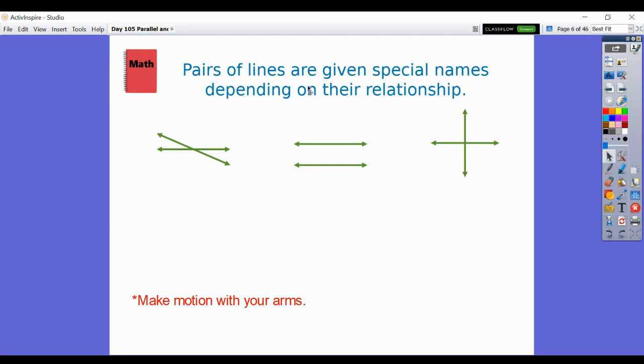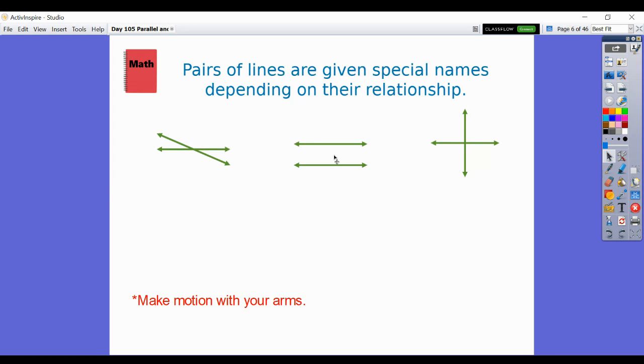Pairs of lines are given special names depending on their relationship. So it says make motion with your arms. Well, you can't see me making the motion with arms, but with parallel lines, you can have your hands together going up and down, showing that they're going the same direction.